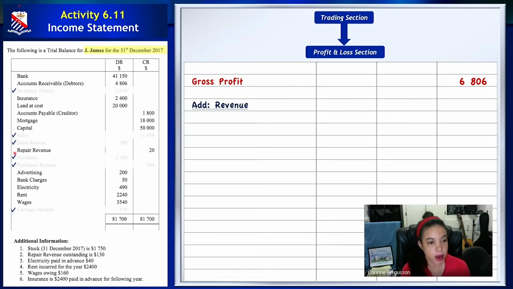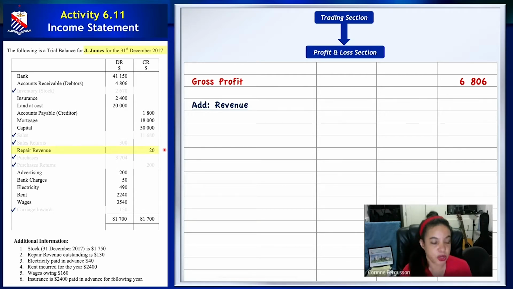No. Repair revenue. Now, how you can also know that it's revenue is that revenue is supposed to be in the credit column, right? Revenue is called credit. If you remember with Alice, debit, credit, credit, credit, debit. So assets and expenses are debits, and the other three are credits, which include revenue. So you see repair revenue, $20.